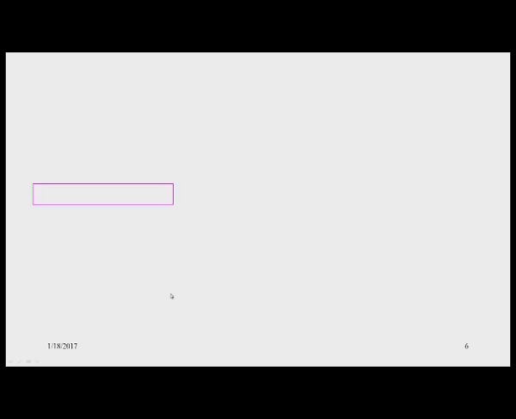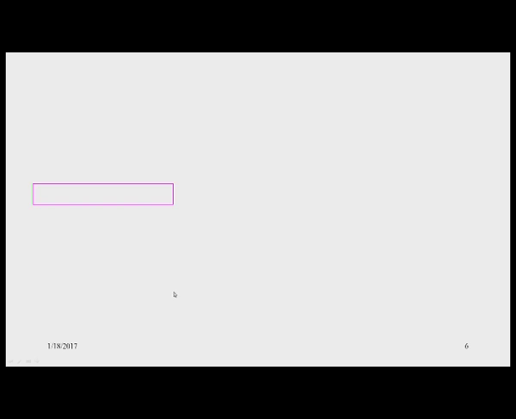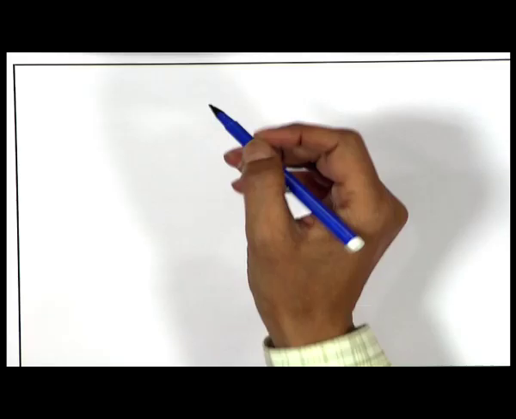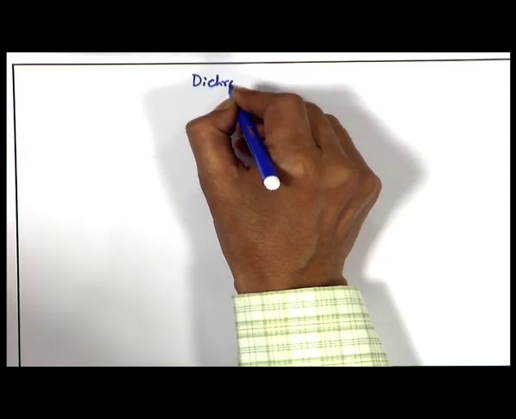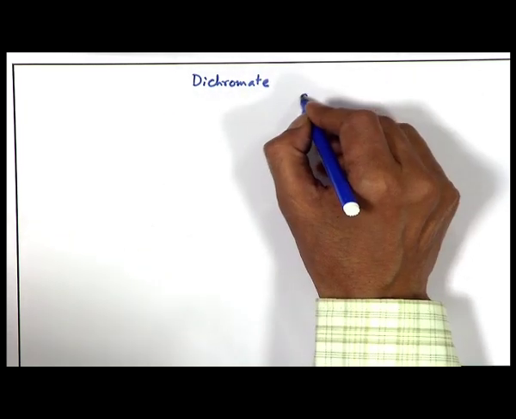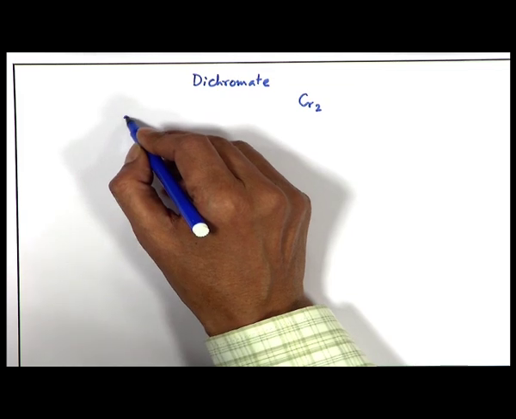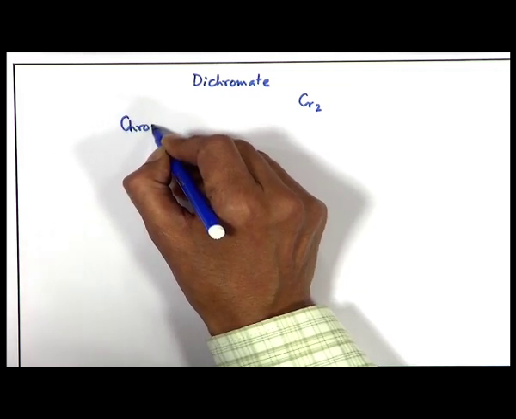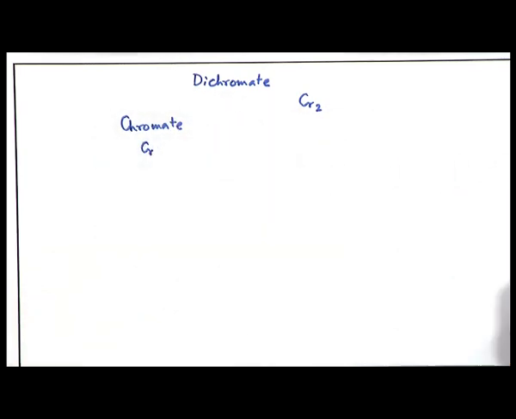Okay. So, what we see, therefore, will go later on. Before going to the F block elements, we see this chromate and dichromate that we are discussing right now, how you get the dichromate, that means it has a Cr2 species, from a chromate which has only 1 chromium.